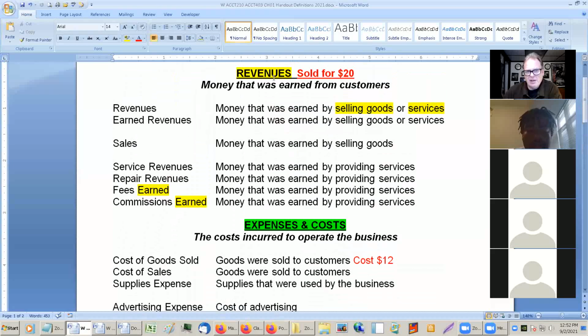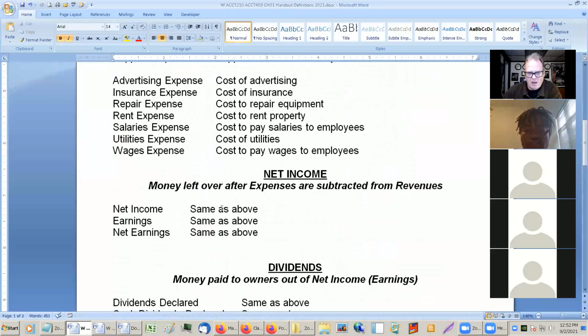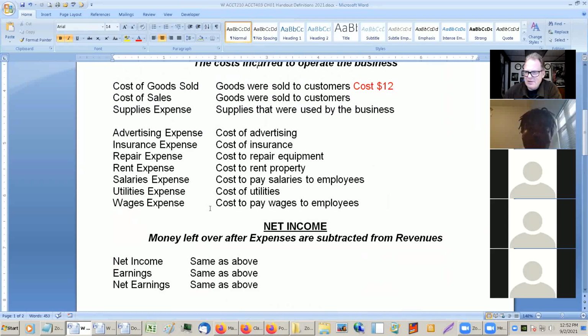So revenue's coming in, expenses are going out, and what's left over is your net income. And again, this is not a foreign concept to anybody here. Everybody here knows that to make money in a business, more money needs to come in than goes out. So net income is, again, sort of a formal way of saying that.